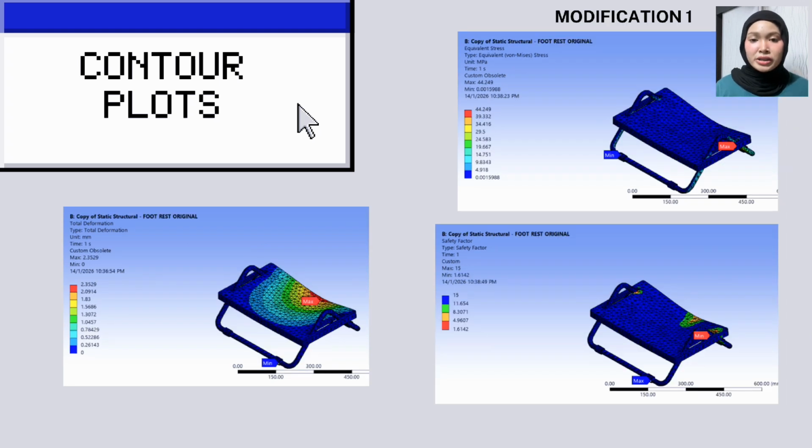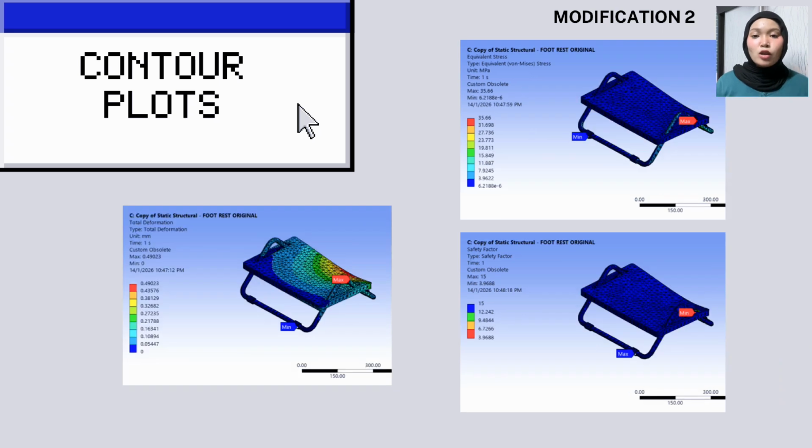In modification 1, high stress concentration appears at the center region and large deformation is observed, which explains the lower safety factor. In modification 2, stress is more evenly distributed and deformation is minimal, confirming that the structure is stiffer and better at resisting bending.